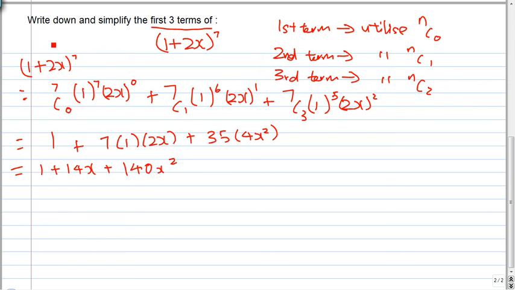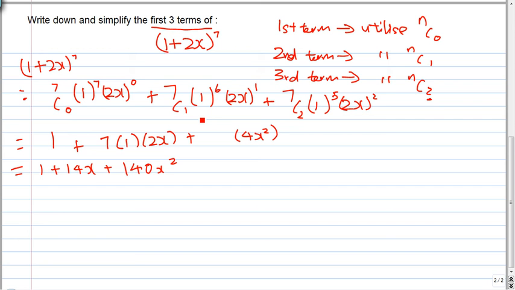It seems like I've made a mistake here. This is supposed to be 7C2, if you realize. You put a 3 there, it should be 7C2, so this is wrong. Let me erase this. It's always good to check your working.